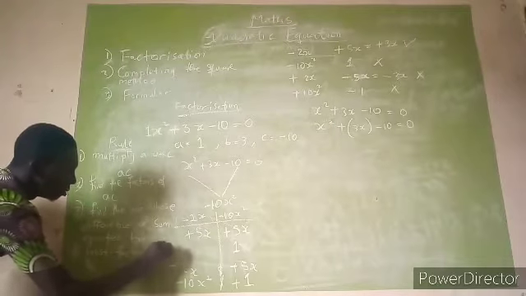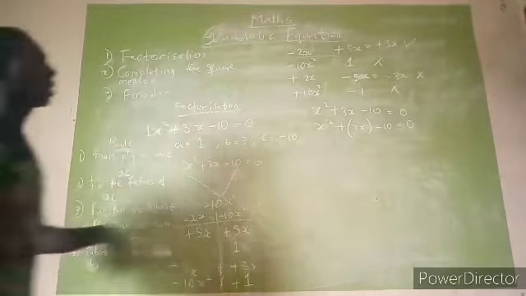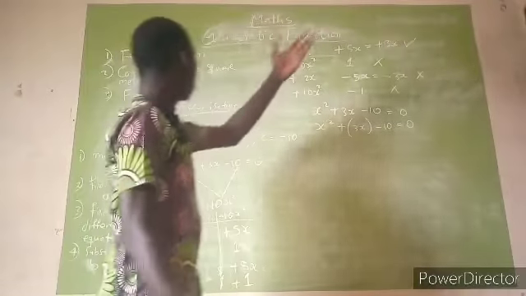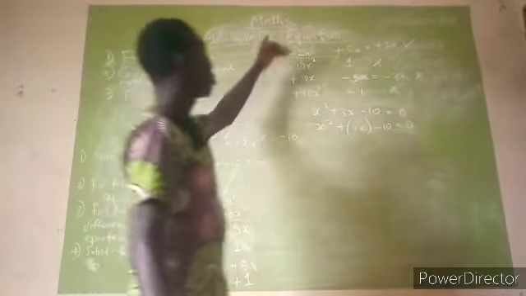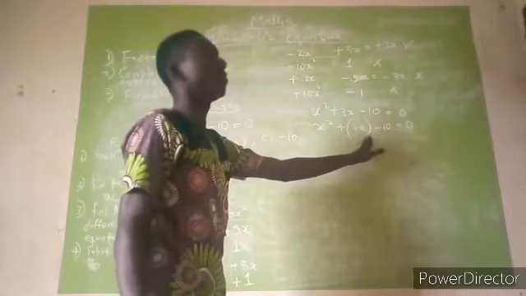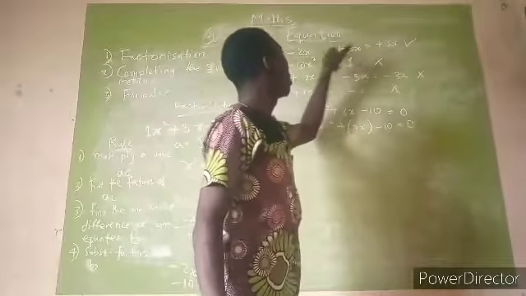Yes, with b. That is, I should replace it. It may also be called replacement method. I should replace this with whatever I have, since they are equal.